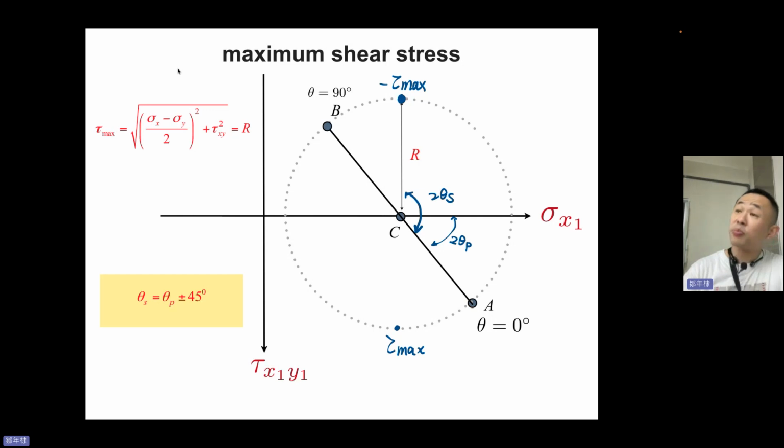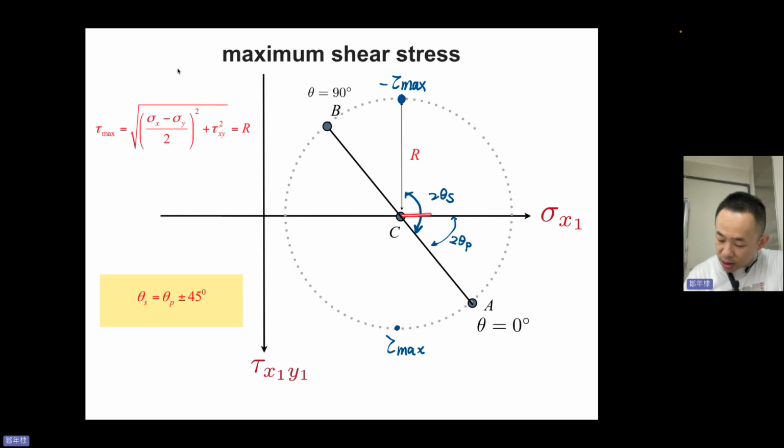Because in your previous page, this one is sigma 1, right? So this is 2 theta p, and between theta p and theta s it is 90 degrees. 90 degrees divided by 2 is 45 degrees.